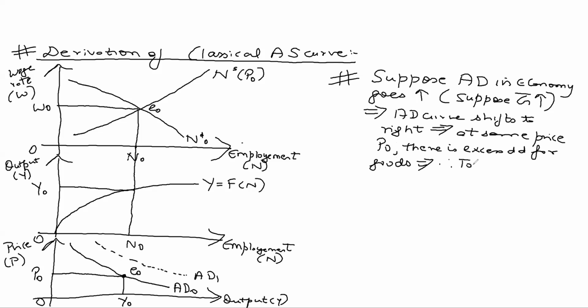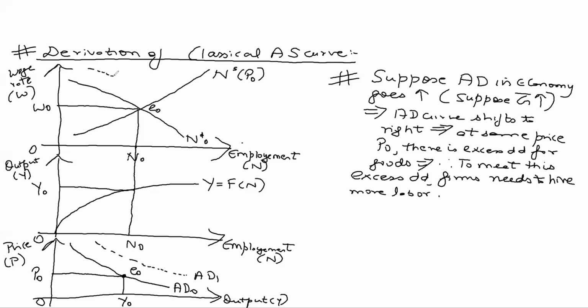Therefore, to meet this excess demand, firm needs to hire more labor. So what will happen? The labor demand curve will shift to the right from ND0 to ND1.